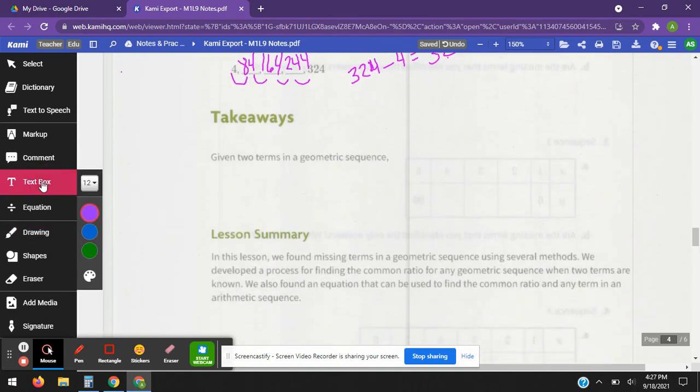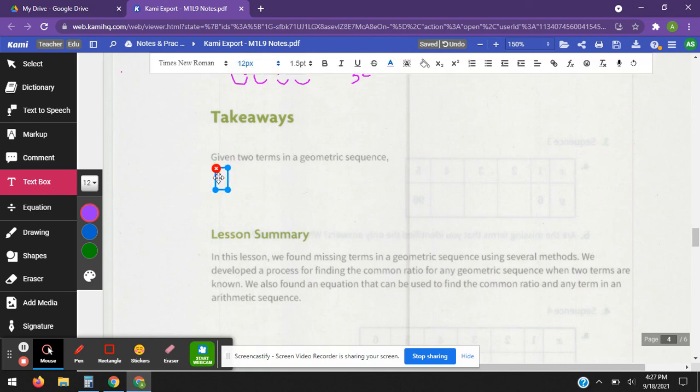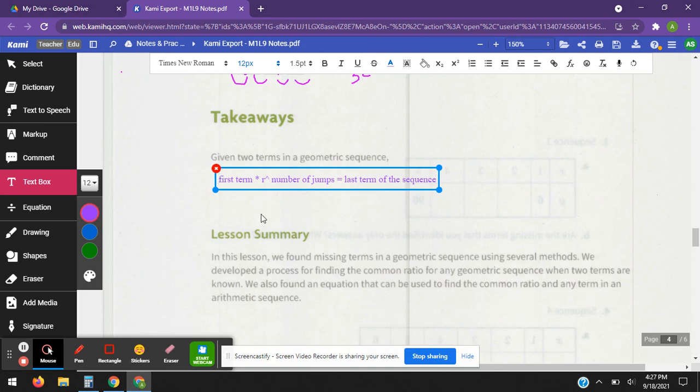Takeaways. Given two terms in a geometric sequence, let's finish that out. We are going to take the first term times the ratio to the number of jumps equals the last term of the sequence. We kind of set up an equation like that, didn't we?